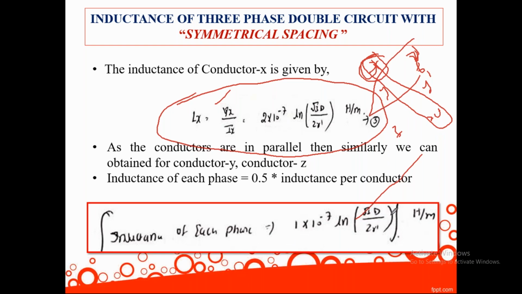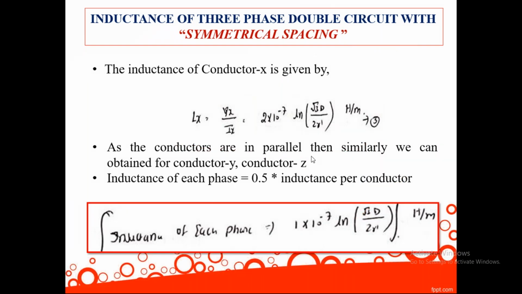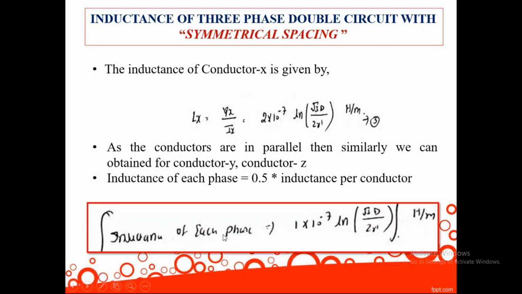Now we have to find the inductance of a three-phase circuit when it is in symmetrical spacing. After finding lx, ly, lz, we have to find the average value. After finding that average value, we can get the inductance of the total circuit, that is circuit 1 and circuit 2.